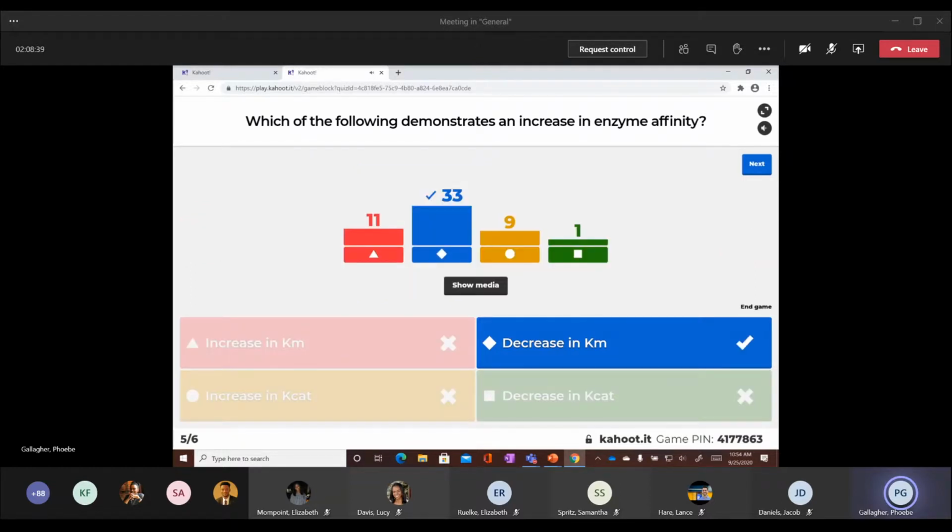Yep. Remember that the kcat is only talking about the turnover rate. It has nothing to do with the affinity. Km is talking about the affinity. So when you have a decrease in Km, there's going to be more buildup than breakdown. So you're going to have a higher affinity when it's a low number.